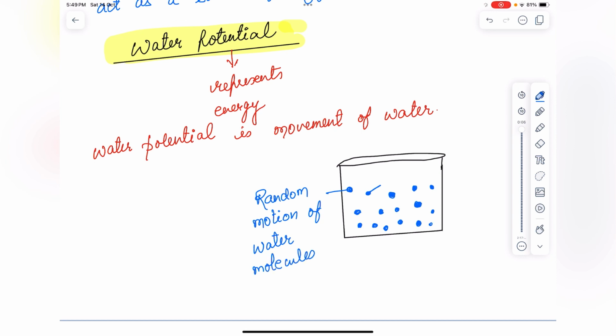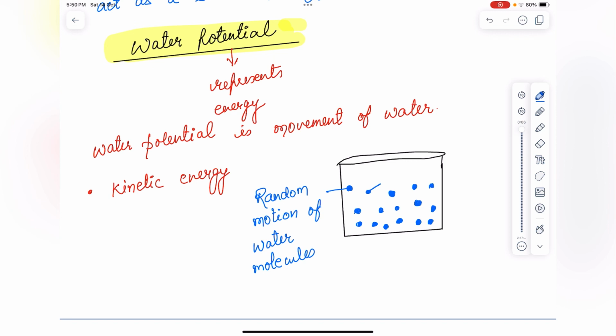Because of the random motion of water molecules, it forms kinetic energy. Due to this energy, these molecules are randomly moving, and that energy is called kinetic energy.